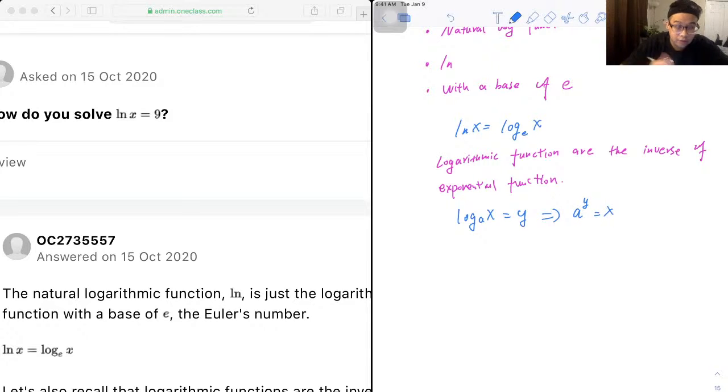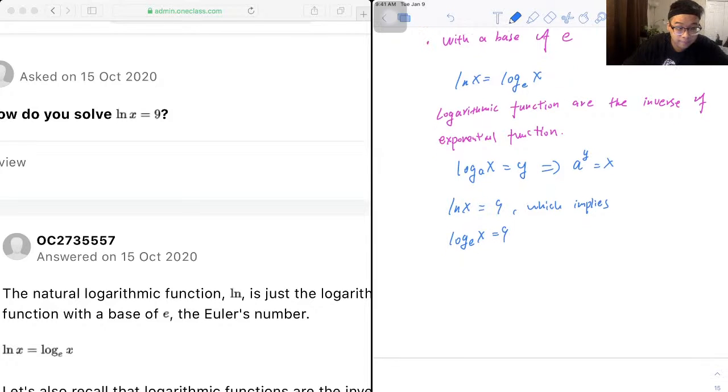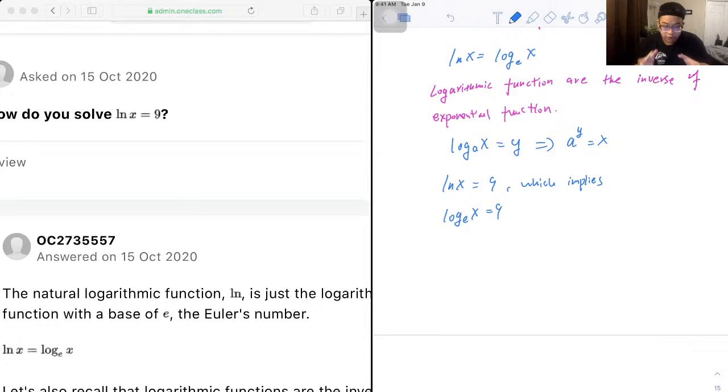So now let's solve the given expression. We have ln x is equal to 9, which implies log base e of x is equal to 9. Right. So as exponential functions are the inverse of log functions, we can also represent this by e to the exponent of 9 is equal to x, where x is just equal to e to the exponent of 9.